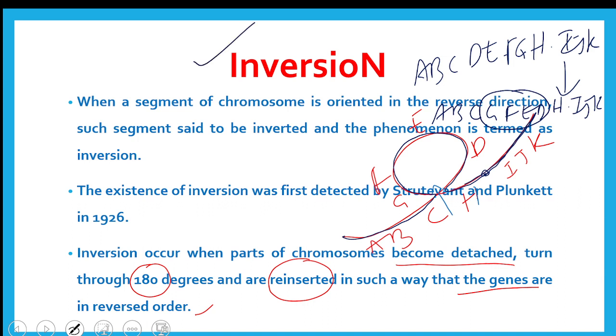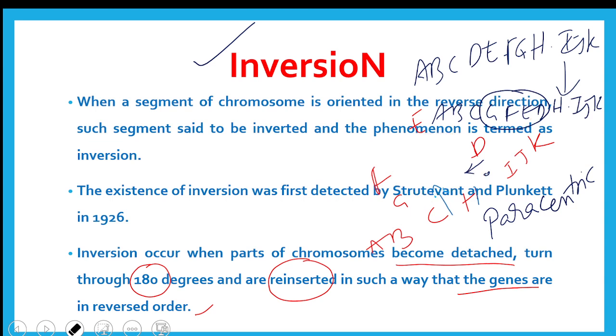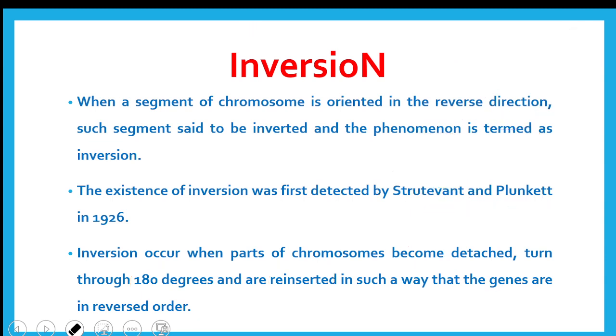We call this phenomenon inversion. And here, inversion has taken place on one side of the centromere. On one side of the centromere, we call it paracentric inversion.